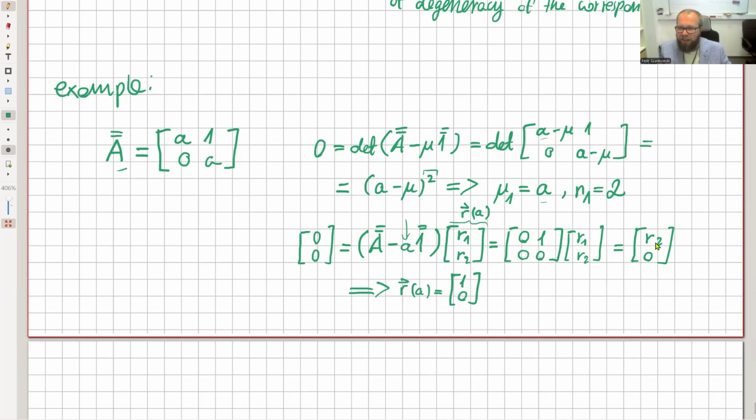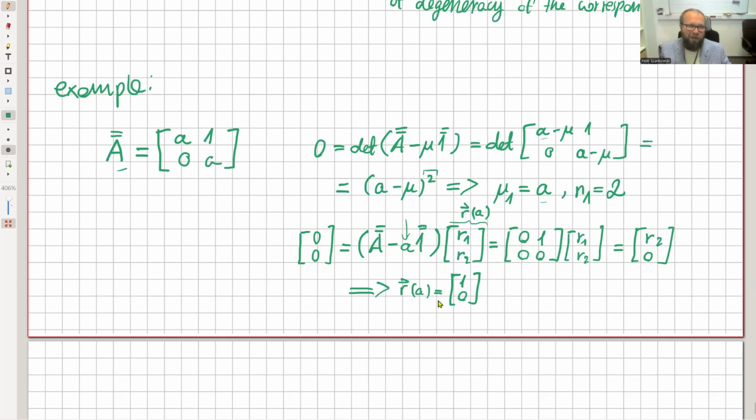From this equation you get that R2 has to be 0, right? And R1 is whatever, so we can pick R1 so that the whole eigenvector is normalized. So we pick 1. But here is the issue: there is only one solution to this equation. So there's only one eigenvector, two eigenvalues, and we have a two-dimensional space here.